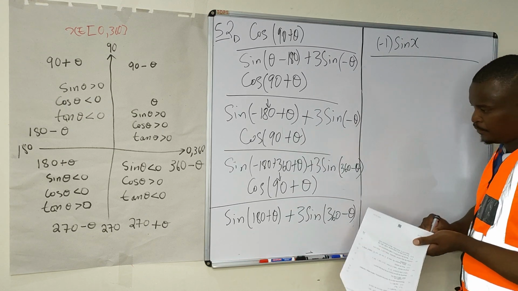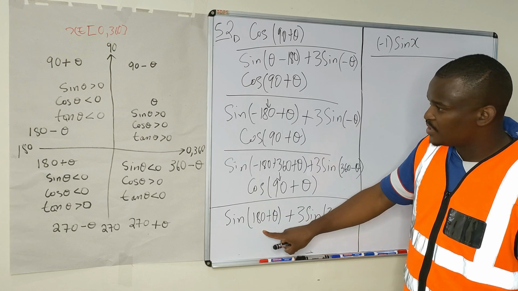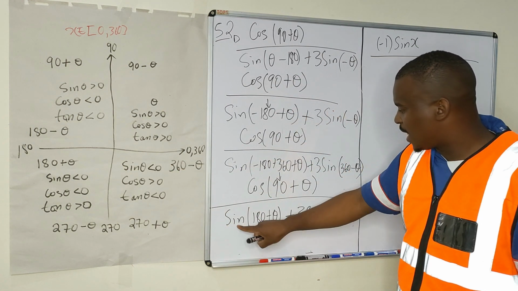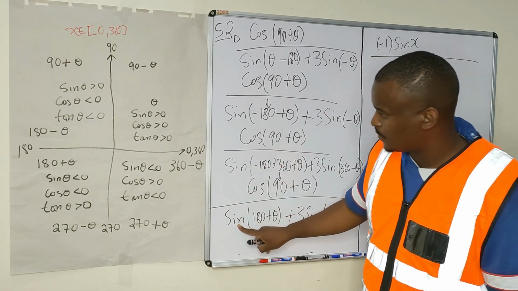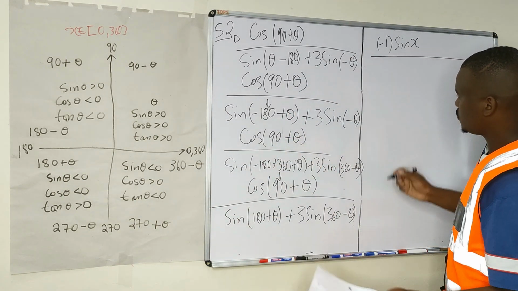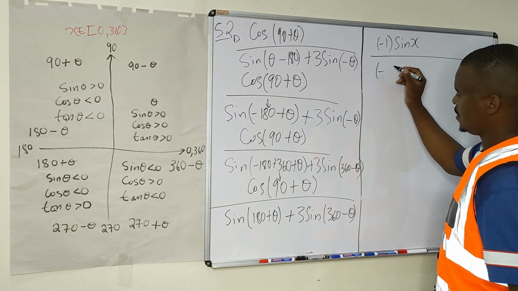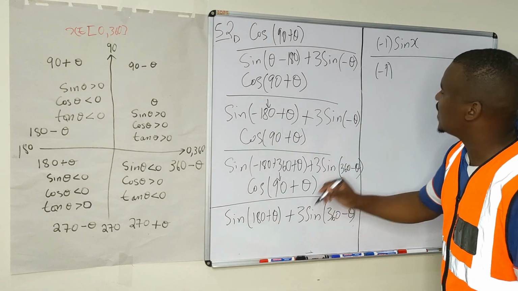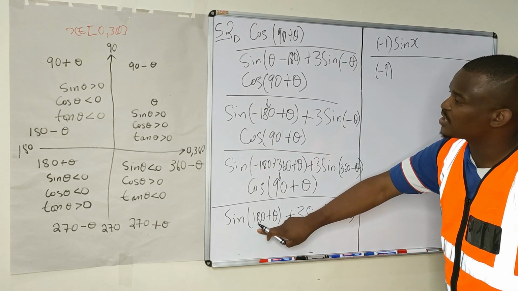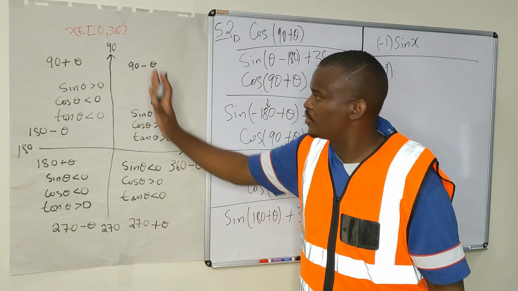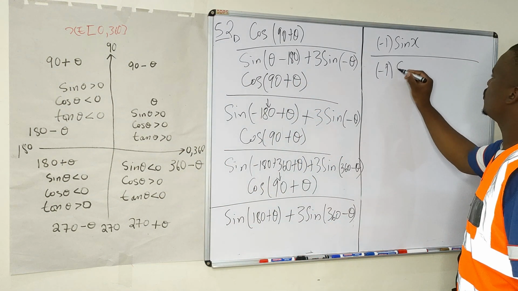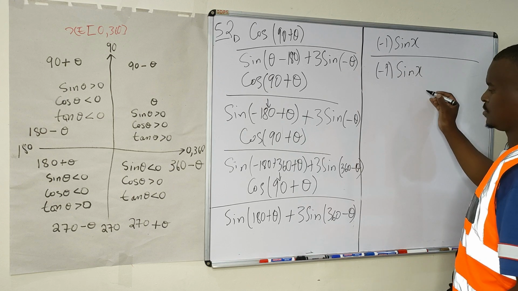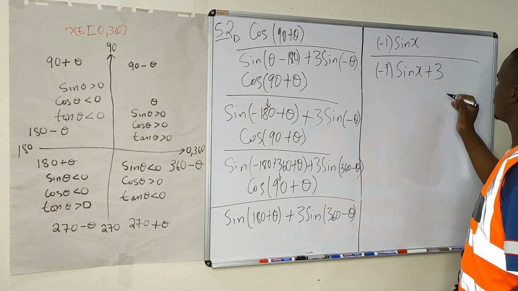Divide by 180 plus theta. Where is it? It's in the third quadrant. What sign is your sine function? It's negative. So you have negative 1 times sine x; the angle is along this line, it's not vertical, so it remains the same. So sine x plus 3.